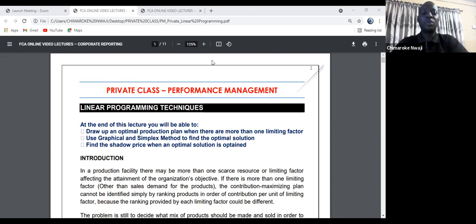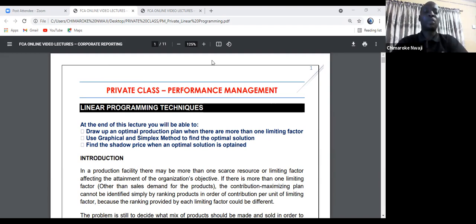We are going to be using two solution methods. One of them is the graphical method and the other is the simplex method. And we'll be using that to find the optimal solution. Then finally, we'll be doing what is called the shadow price of an optimal solution. Okay, so let's go into the topic right away.